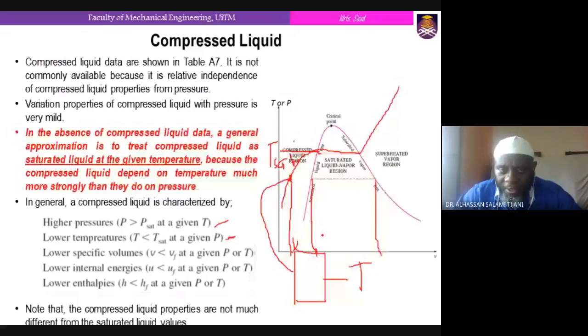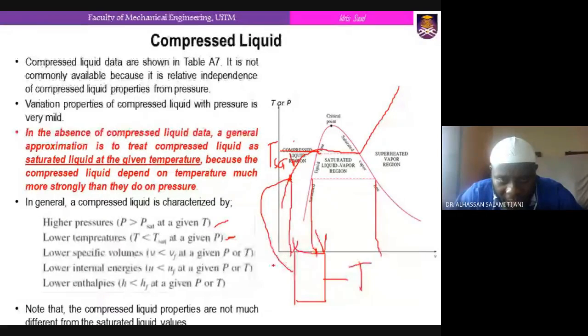Again, let's say we find ourselves in this particular state, and I have a specific volume V over here. Since this V is less than Vf, it means our fluid will be in the compressed liquid state.